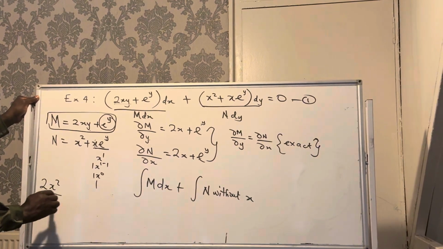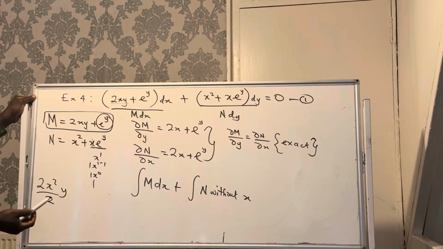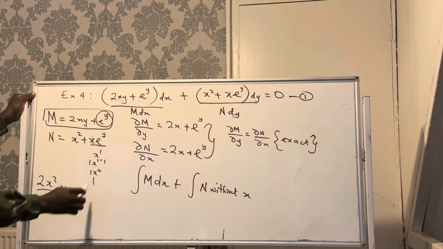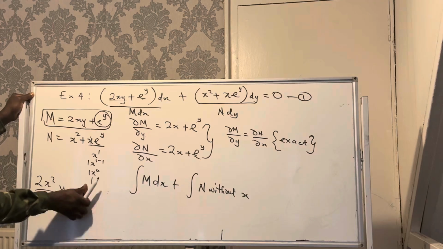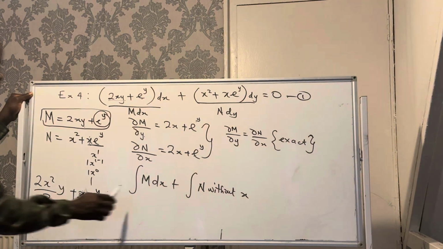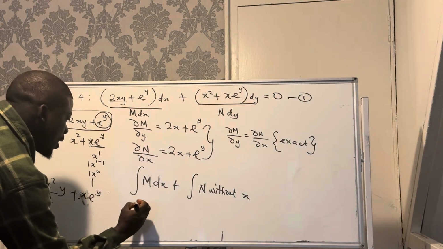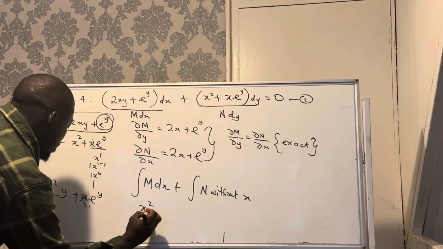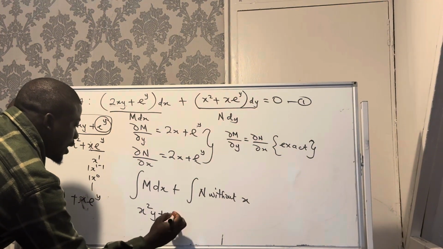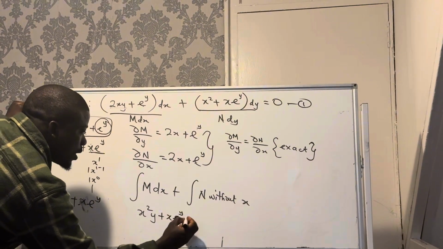If we integrate this with respect to x, we are going to have 2x squared all over 2 times y, plus, integrating the other term with respect to x, x e^y. So the whole of this gives x squared y plus x exponential e^y.